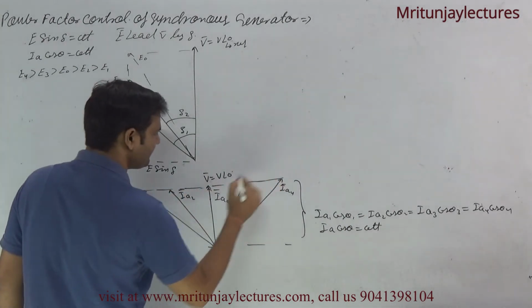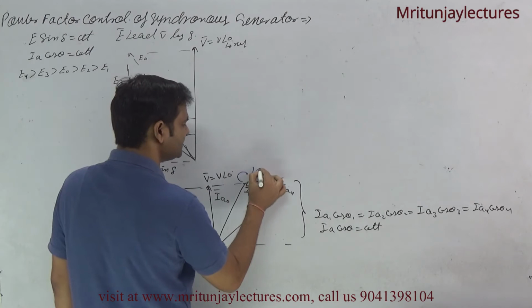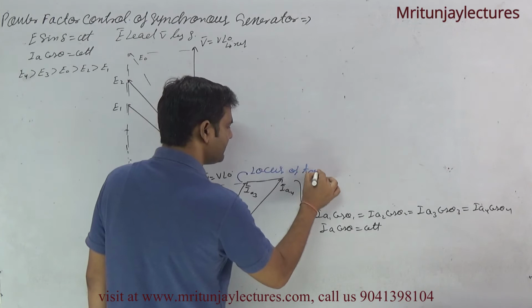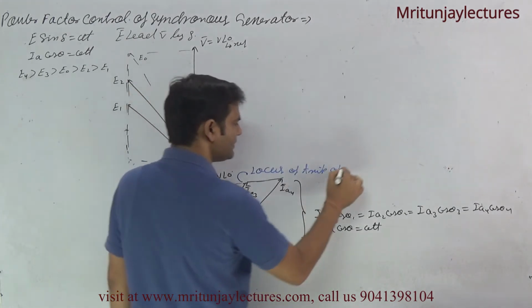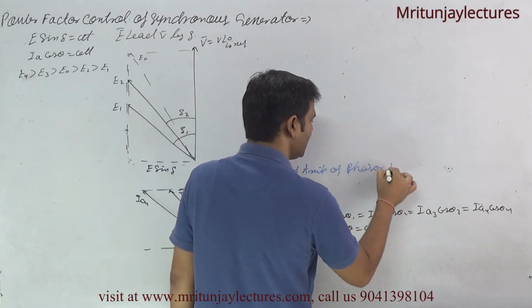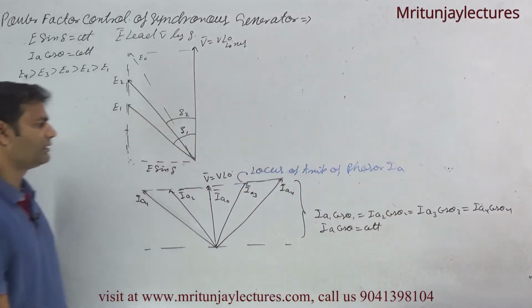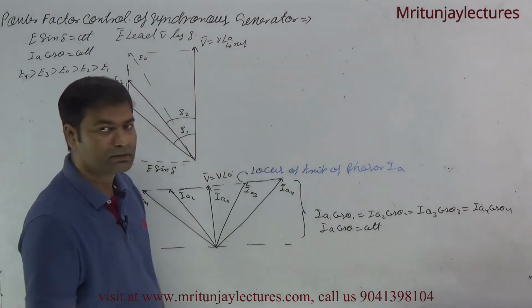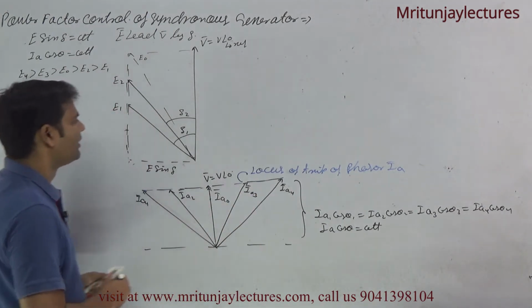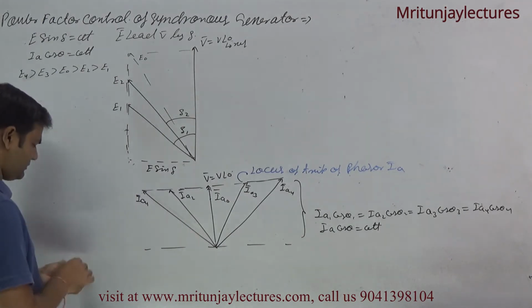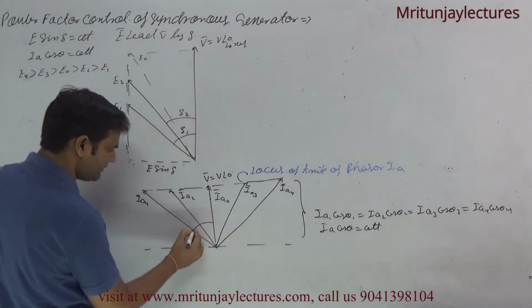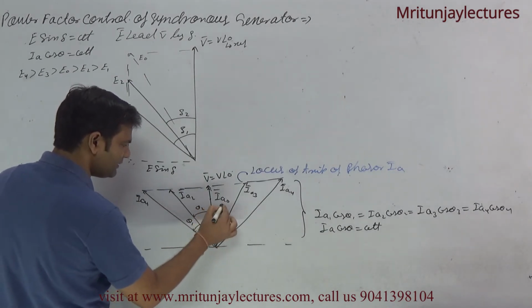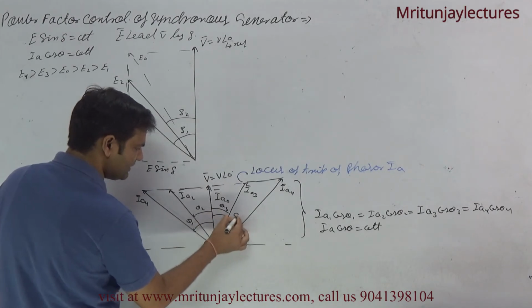What about this one? That is the locus of the tip of phasor Ia, and this one is the locus of the tip of phasor E. And the last ones are theta 1, theta 2, theta 3, and theta 4.